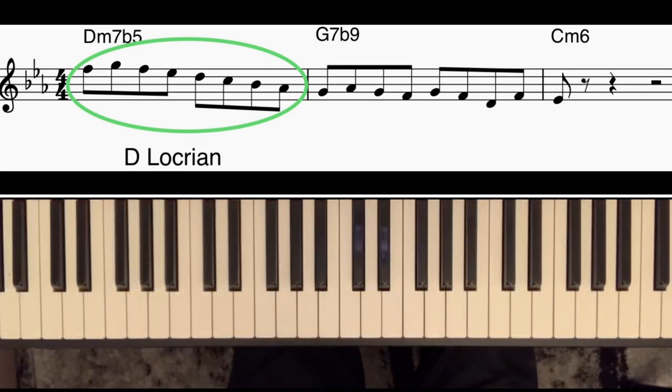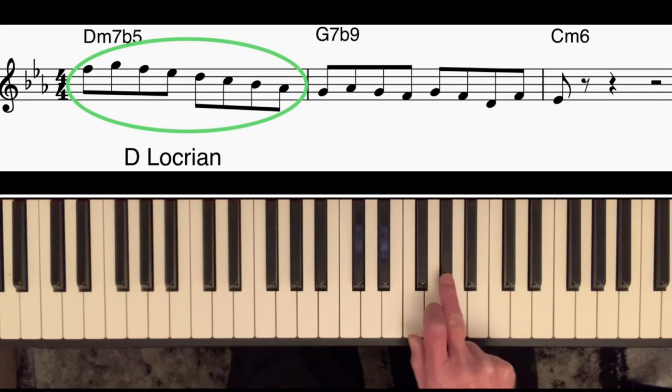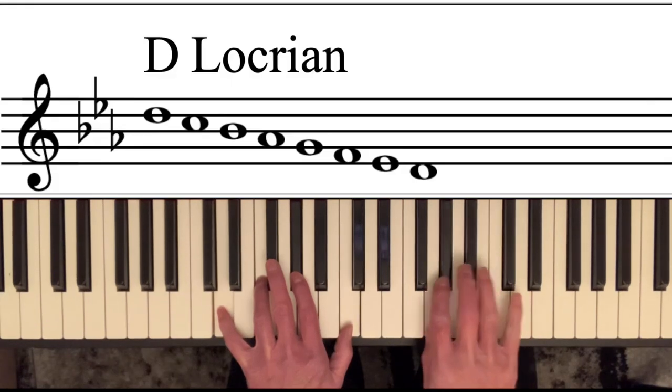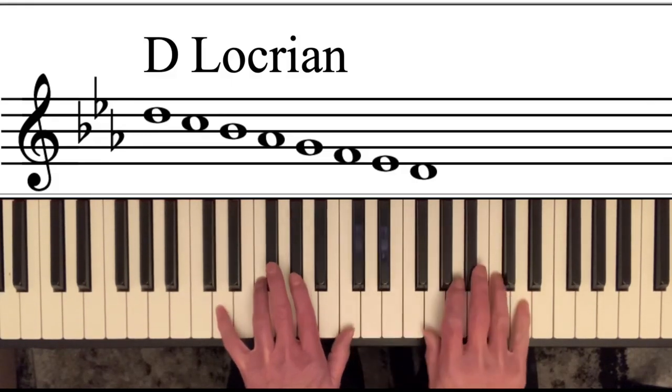Okay, now let's look at the last 3 examples that I played in the intro, and you'll notice that in each case I added an extra note to the Locrian mode. It was a chromatic passing note, the note A, in between the B flat and the A flat. So instead of just playing a straightforward Locrian mode, I played this scale.